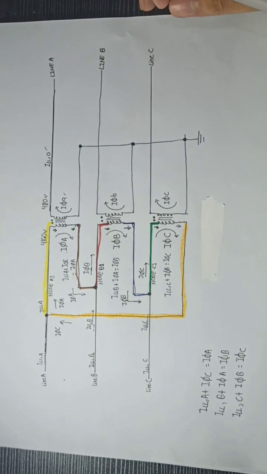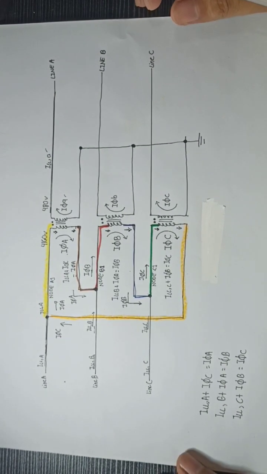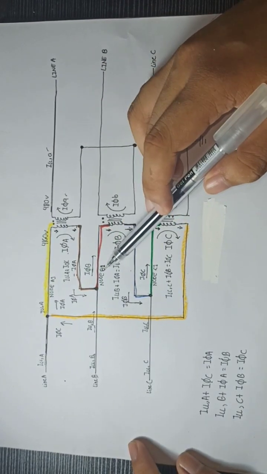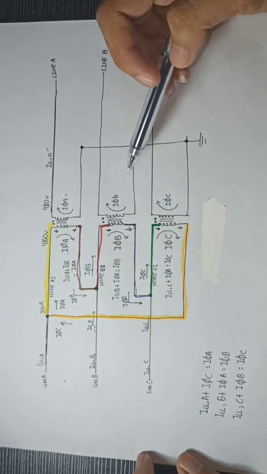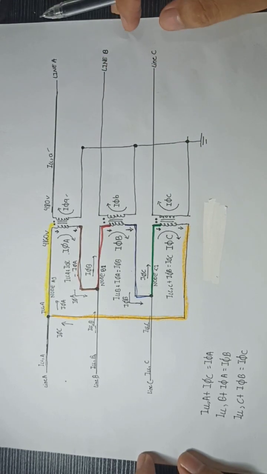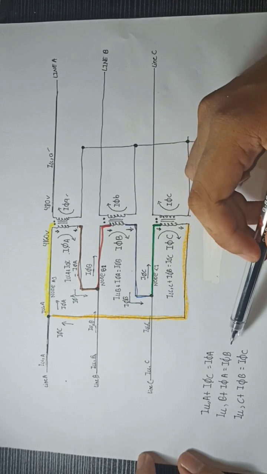So, okay, this is what we illustrated in Part 4. We did a nodal analysis on Node 1, Node A1, Node B1 and Node C1, and looked at the relationship between line current and phase current. And these are the equations that we came up with.